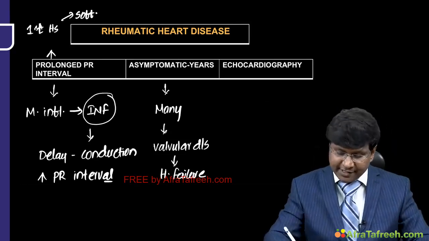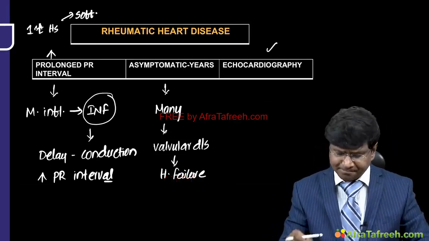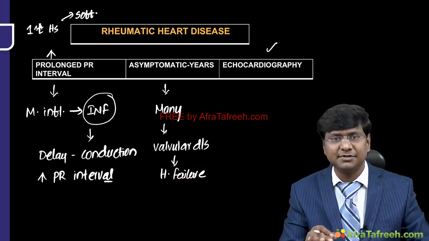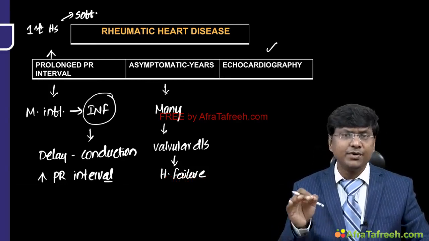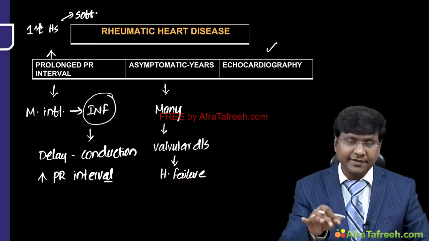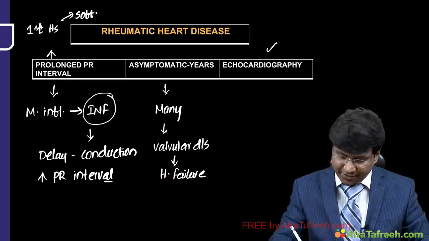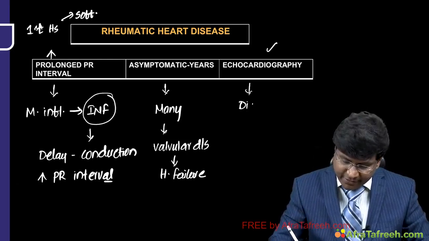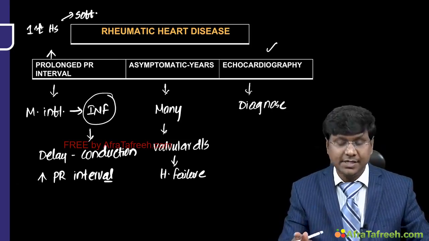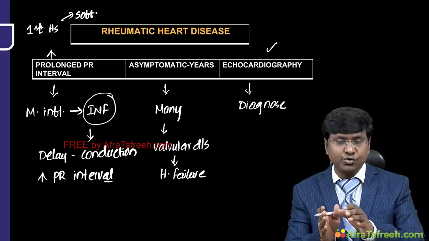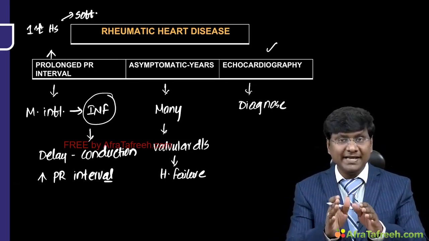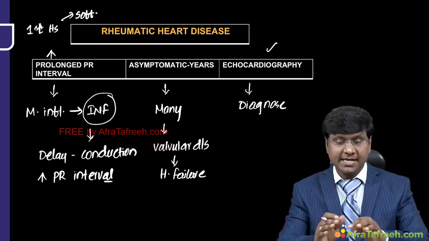Then the next point is echocardiography. Because they are asymptomatic, how can you identify that the individual has an underlying rheumatic heart disease? That is by doing echocardiography. Echocardiography will diagnose the underlying valvular heart disease, and it should be done mainly as a screening tool.